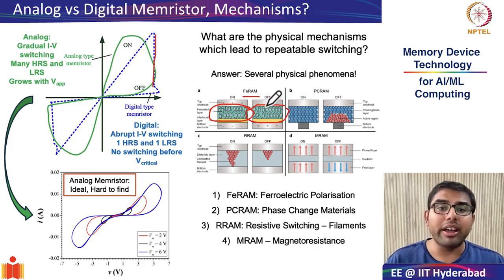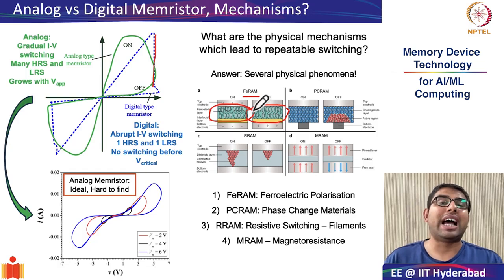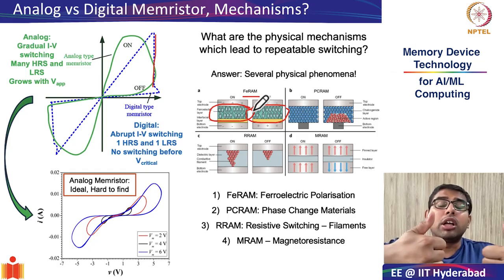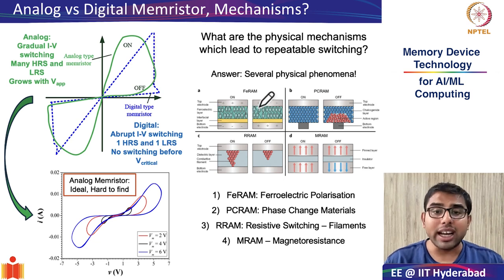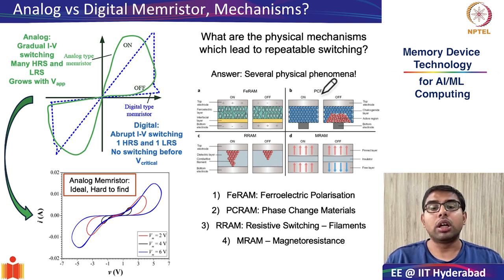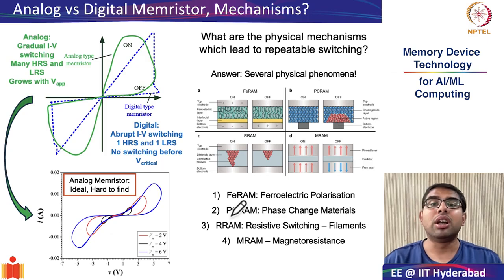The functional layer has ferroelectric properties, meaning it can either have majority up polarization or down polarization in the dipole orientation of the functional thin film, and that can give you high and low resistive states.